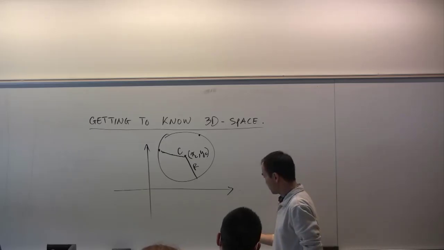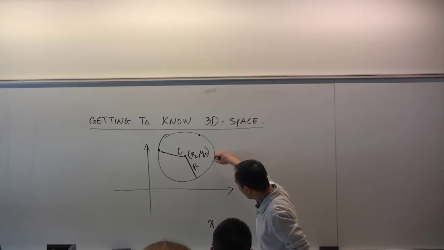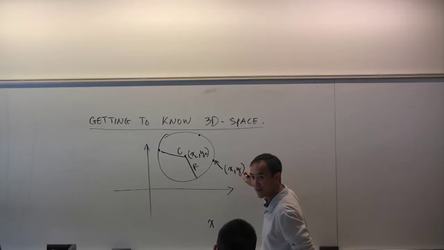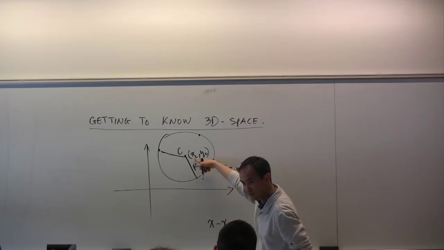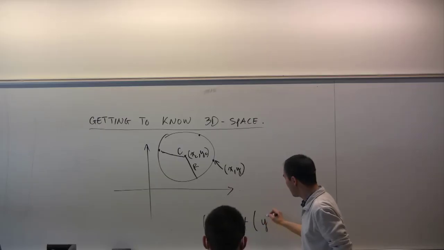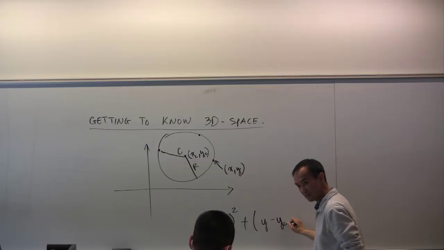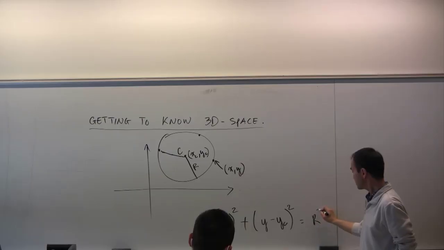So that's why we usually know this formula for the equation. Any point on this circle is generally represented by a point (x, y). So x minus xc, the x coordinate of the center, squared, plus the difference between any y value on the circle and the y value of the center, squared, equals r squared, the radius squared.